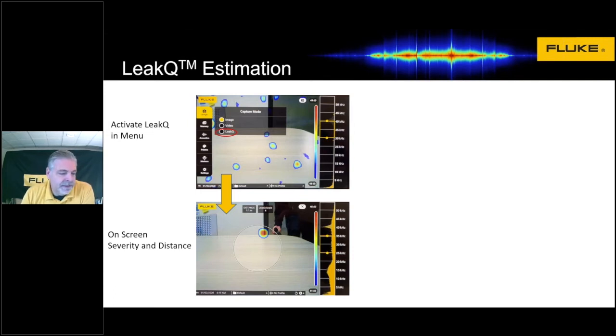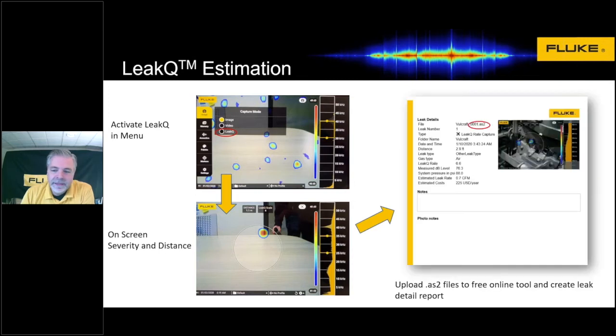We take this information and save it as a leak Q file in the ii900. It shows up as what we call an AS2 file format, and you can take that file from your computer and upload it to a free tool online at the Fluke website, answering a few questions about what the pressure is and what the actual gas is that you're measuring.